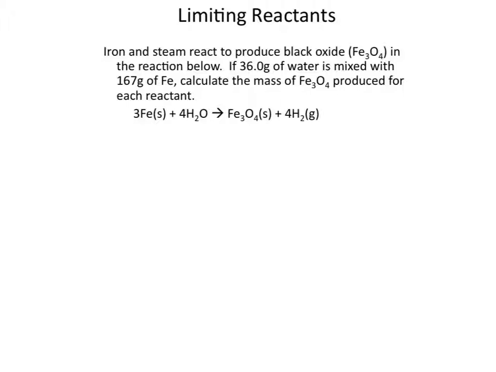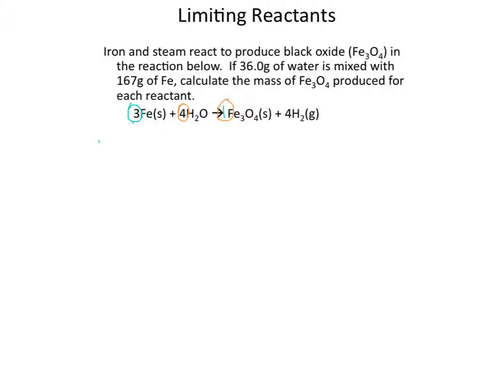For every 3 moles of iron, I produce 1 mole of black oxide, and for every 4 moles of iron, I produce 1 mole of iron oxide. So let's start with iron. Let's calculate the mass of Fe3O4, black oxide.